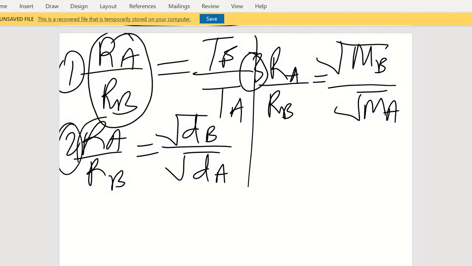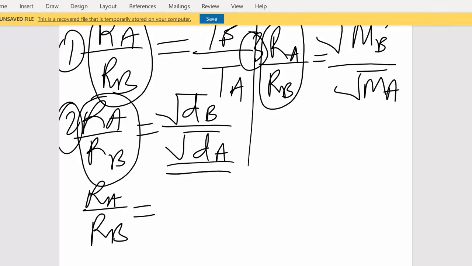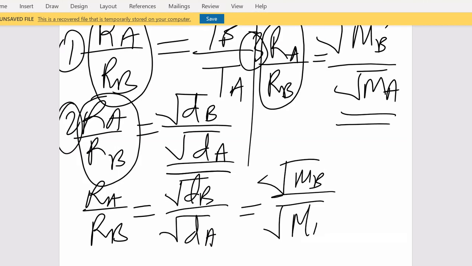Both Ra over Rb is equal to something, meaning these three equations are equal. So we can talk of Ra over Rb being equal to, start with the density here, root dB over root dA, which is equal to molecular mass of B over molecular mass of A. Remember, they are under root, which is equal to Tb over Ta.